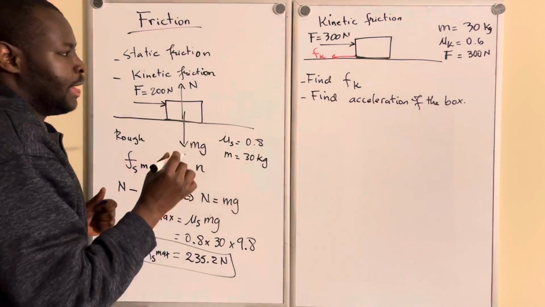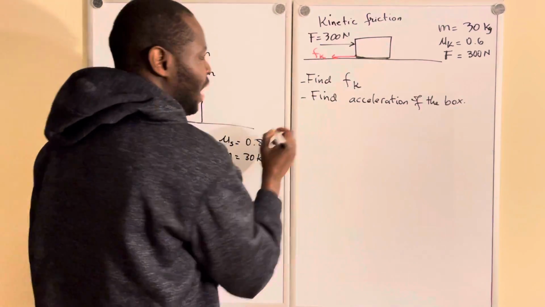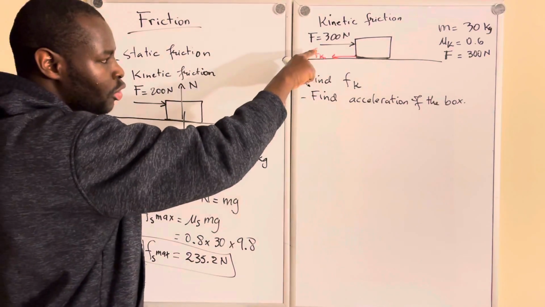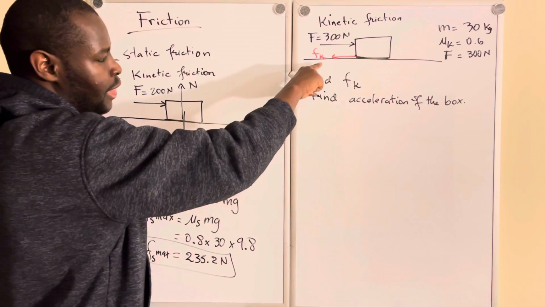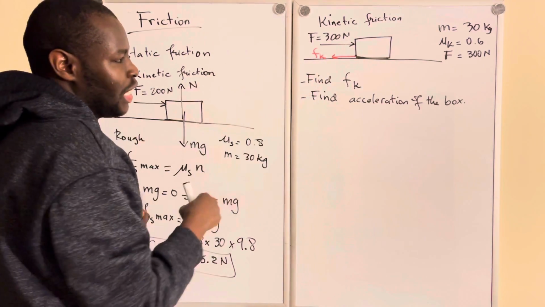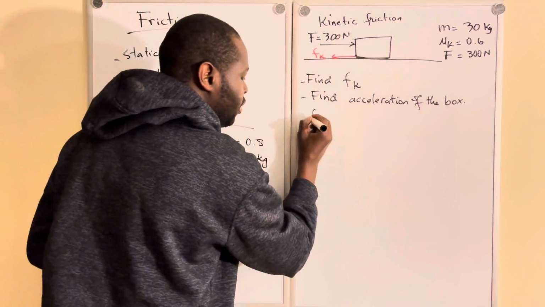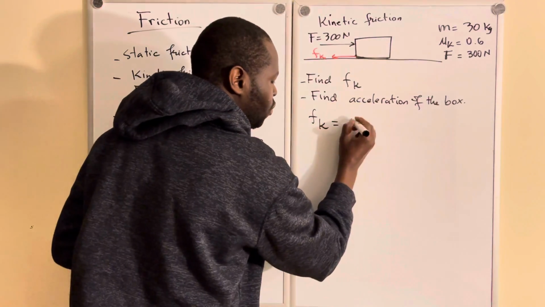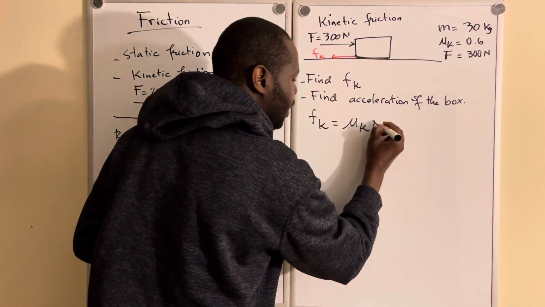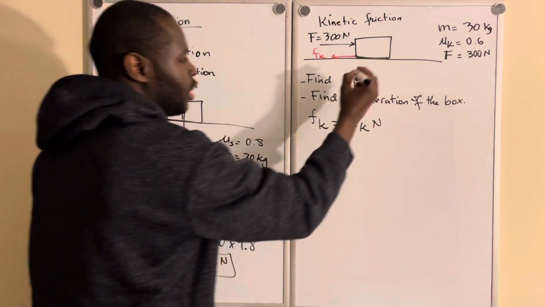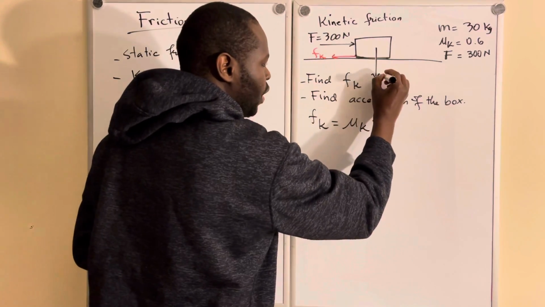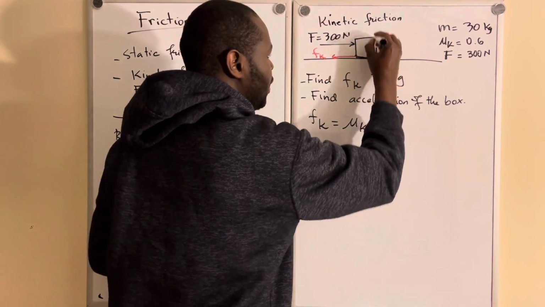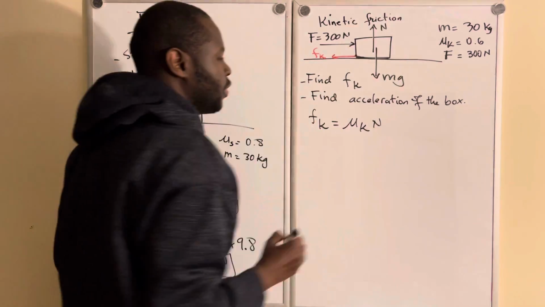Okay, now since we have the force moving to the right and Fk moving to the left, we know that Fk equals mu k times n, the normal force. So let's go ahead and put in our forces. We have the weight, which is mg, and n, the normal force, moving up.